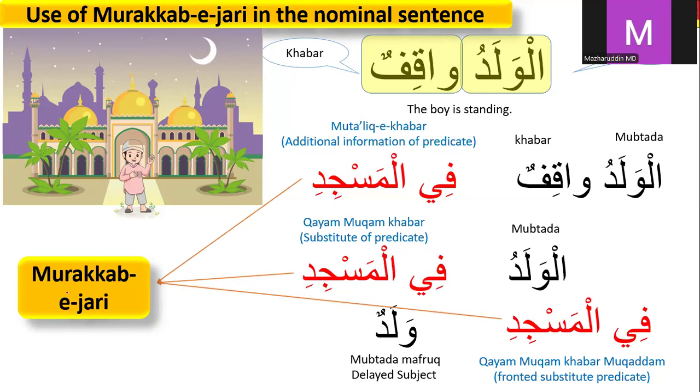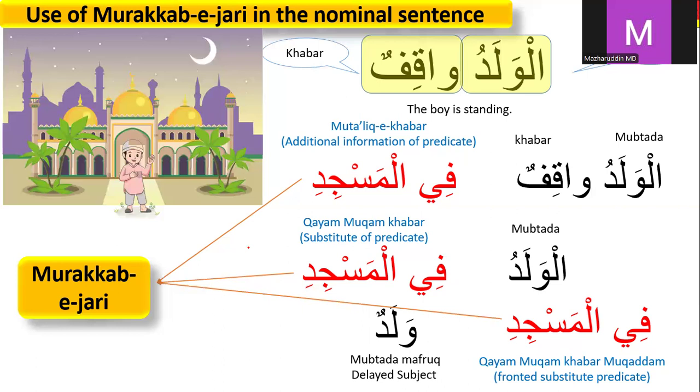Like you can see this sentence, Lillahi ma fis samawati wa ma fil ard. So here Lillahi, what is that? When the sentence starts with murakkab jari. Yes, Lillahi. Is it murakkab jari, Lillahi?